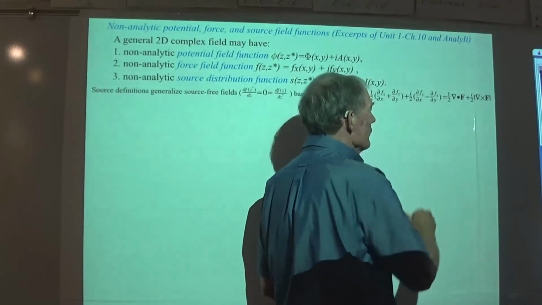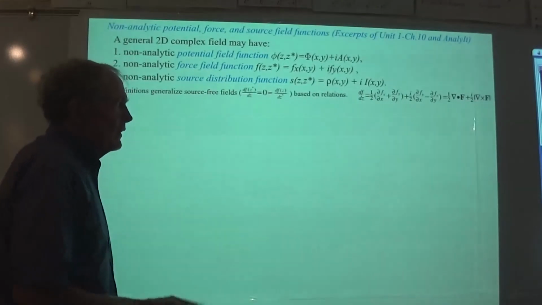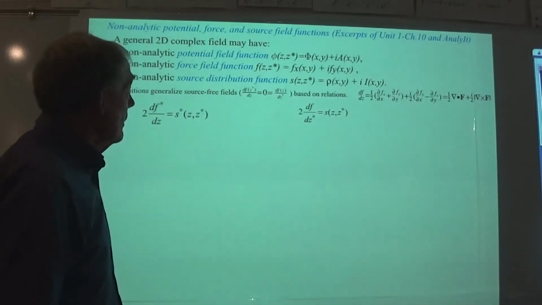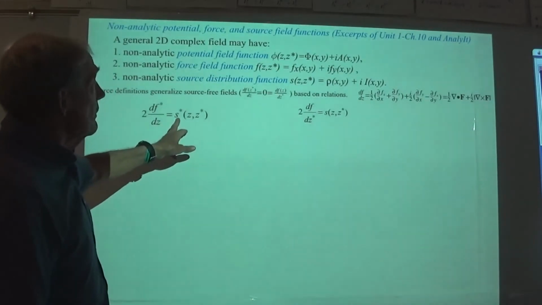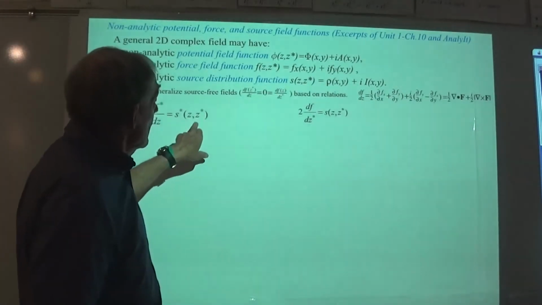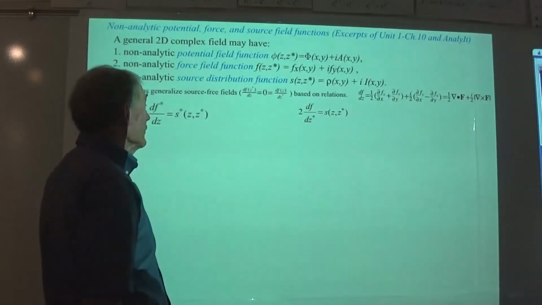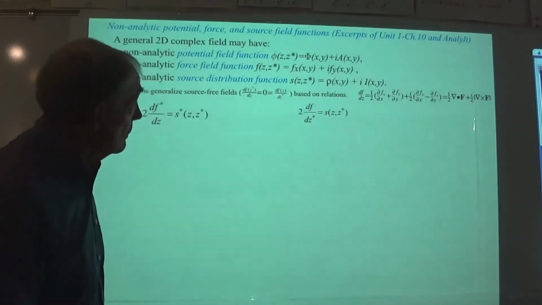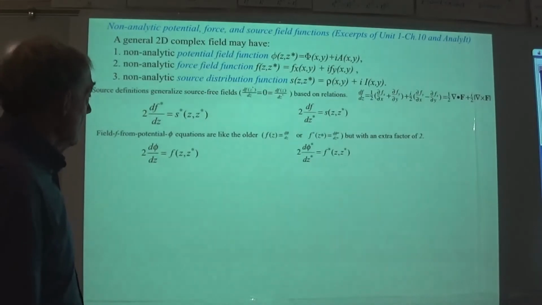Now those divergences, or those curls, aren't going to be 0 everywhere. They're going to be non-zero practically everywhere. So we're going to be writing source equations like this. Instead of putting 0, we're going to have source. And we're going to have a source star, and a source that's not starred. That's a conjugate of this one, so we still only have to work with one source, but it's more complicated than just working with 0.